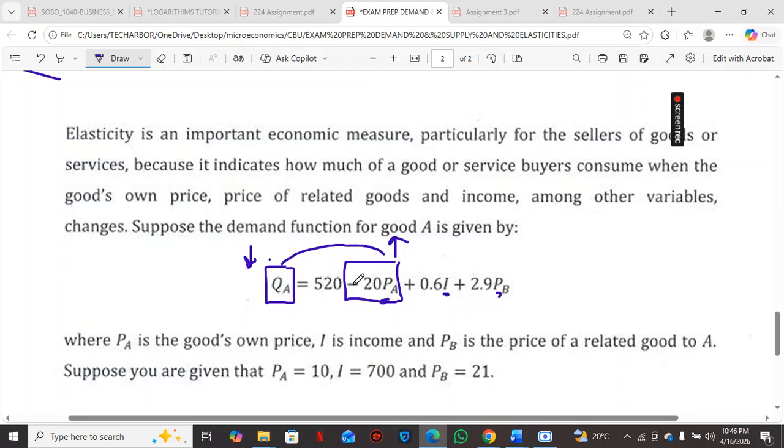That's the law of demand, an inverse relationship between the price of a good and the quantity demanded.